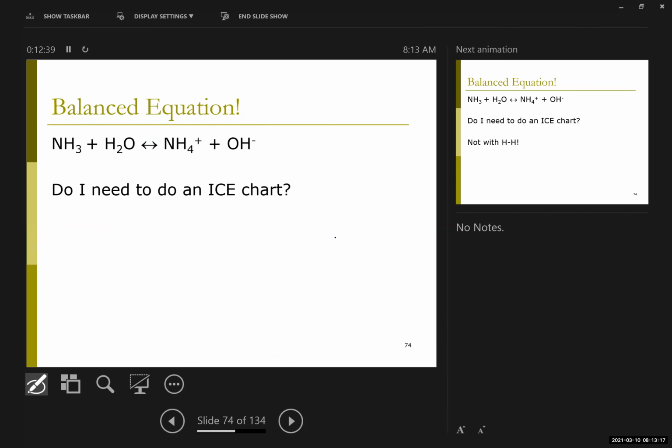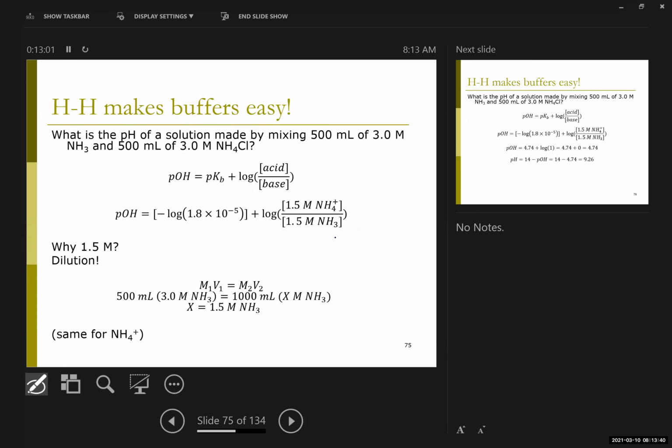So if it's a buffer, as much as it pains me, I still kind of sort of need the balanced equation because I do need the Ka or the Kb for the reaction, to use Henderson-Hasselbalch, but I really don't need an ICE chart and I really don't need a Ka equation because Henderson-Hasselbalch allows me to use the initial concentrations of the conjugate pair.